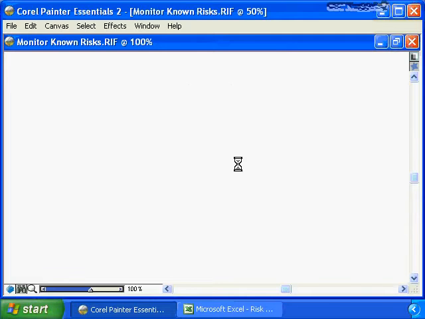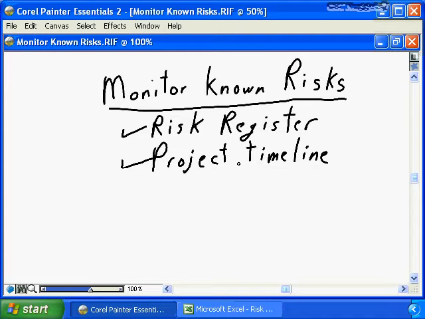So if we go back to the activities related to monitoring the known risks, the key tool we have is our risk register. We need to ensure we're continuing to monitor our risk register, that we're continuing to review the known risks on the risk register and taking the appropriate actions to monitor their status and to put our strategies in place, like the hiring of the 3 contract programmers as required to support delivering the project successfully.